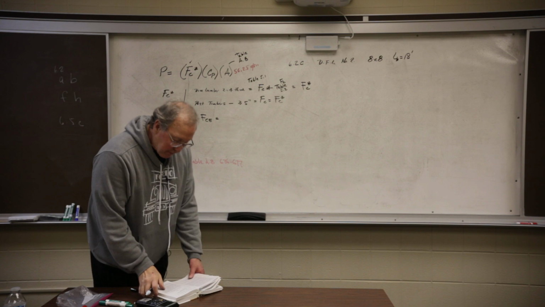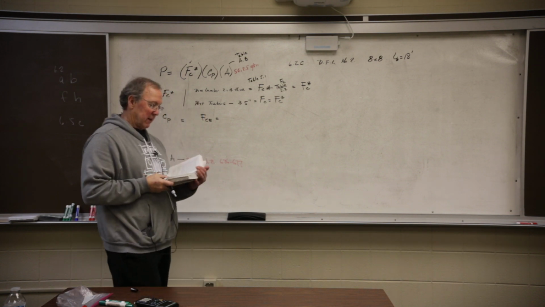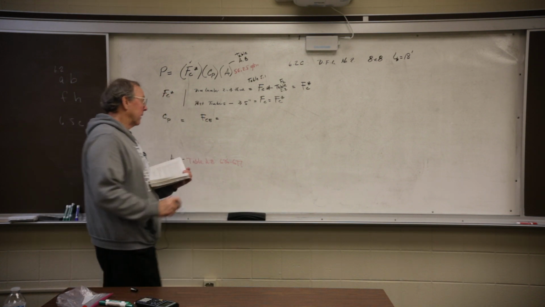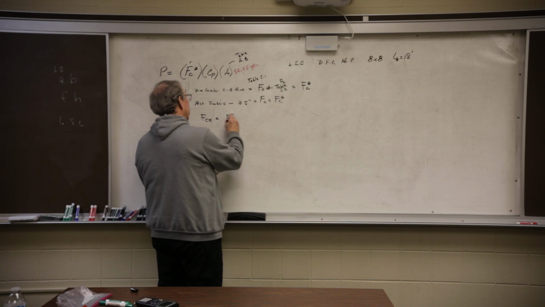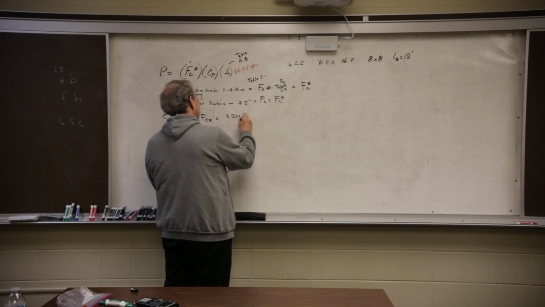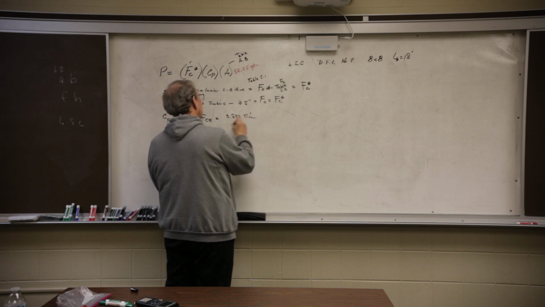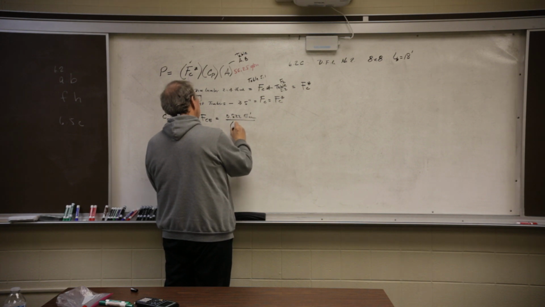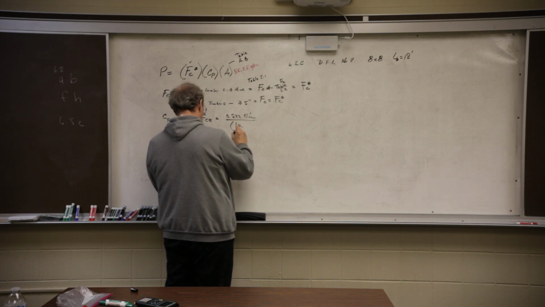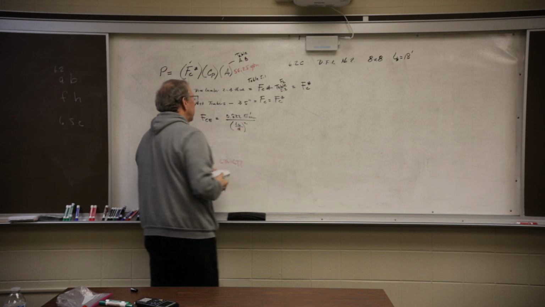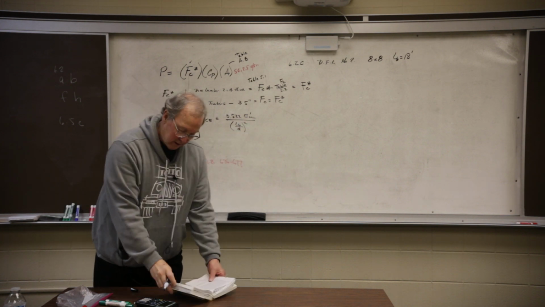FCE equation is on page 239, about a third of the way down, and it looks like this. Constant. Okay, there you are.